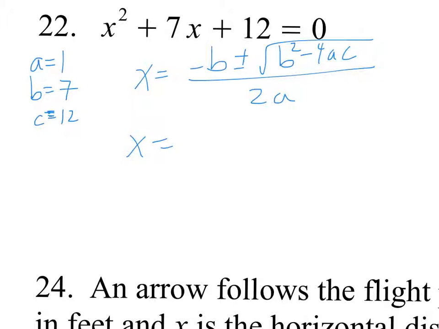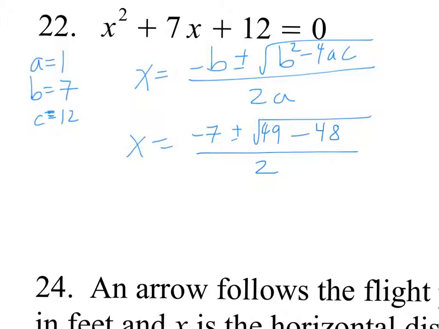The opposite of 7 is negative 7, plus or minus b squared. Now b is 7, so b squared is 49, minus 4 times a times c. That's 4 times 1 times 12, which is 48, divided by 2 times 1, which is just 2.